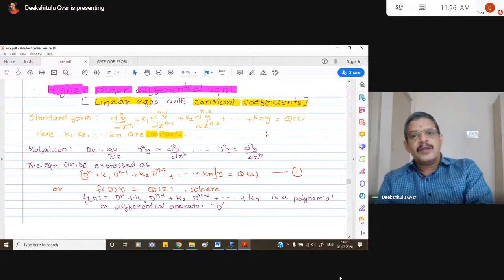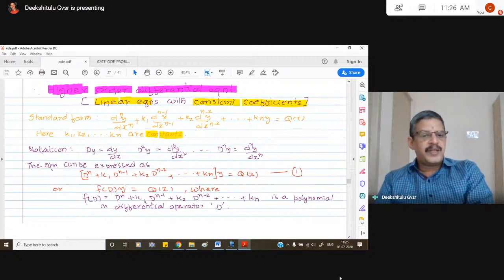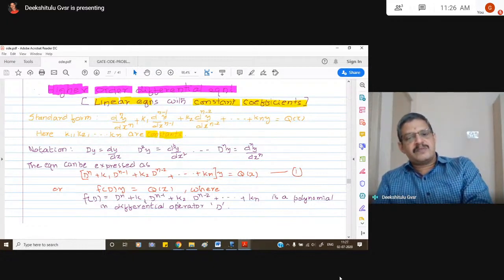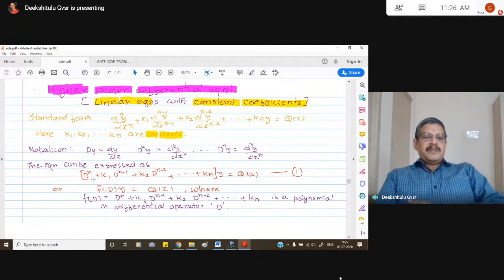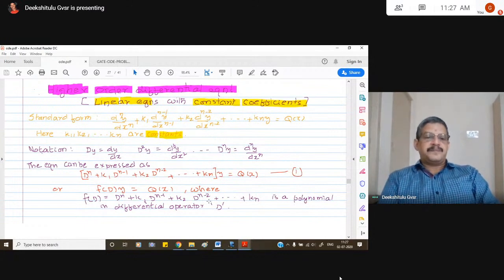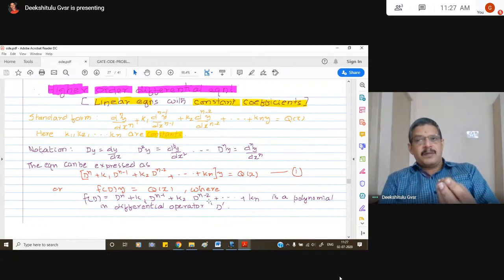In a nutshell, this equation can be simply expressed as f(D)y = Q(x), where f(D) is Dⁿ + k1 Dⁿ⁻¹ + k2 Dⁿ⁻² + ..., an nth degree polynomial in the differential operator D. So we will be dealing with equations of the form f(D)y = Q(x), where f(D) is an nth degree polynomial in the differential operator D. This is the problem structure.